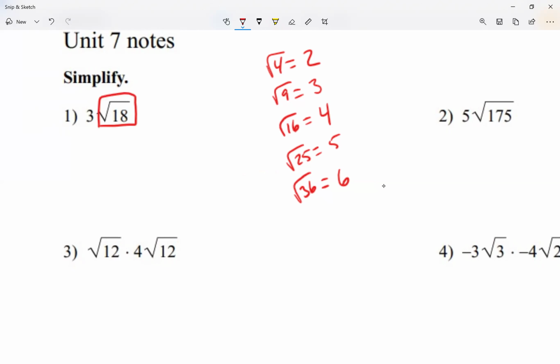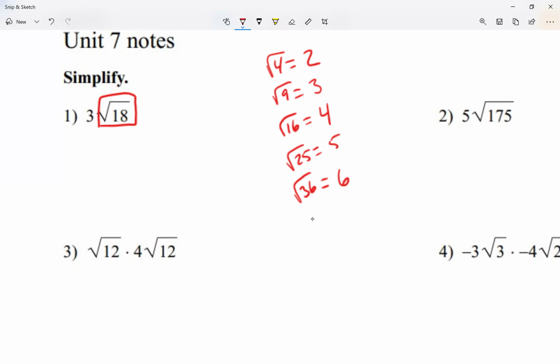Can you think of a whole number that multiplied by itself is equal to 18? The list that I wrote in the center is the list of the perfect squares, and it does continue. We call those perfect squares because they simplify to a whole number. Now, the square root of 18 is not a perfect square. I cannot think of a whole number that equals 18 when I multiply it by itself.